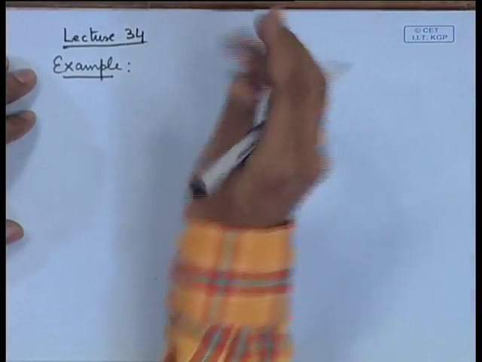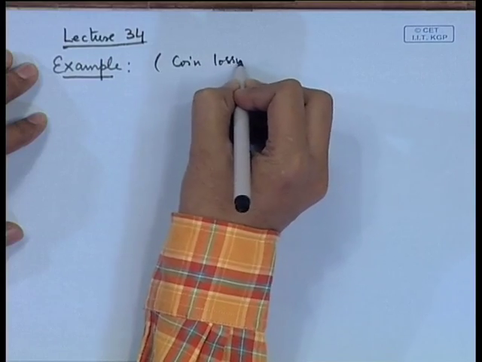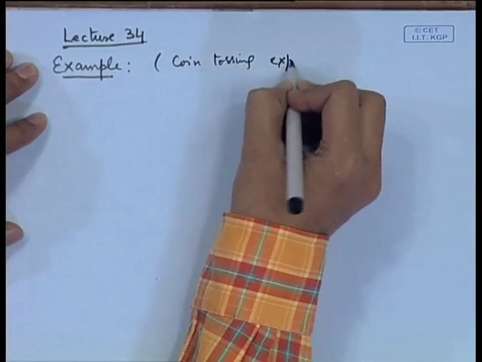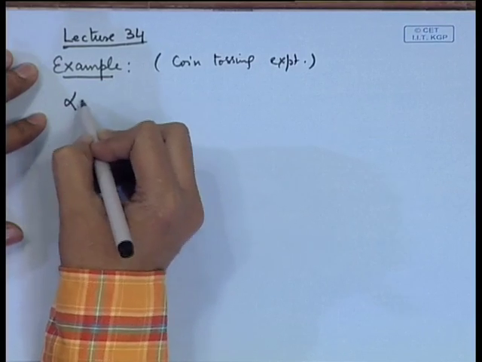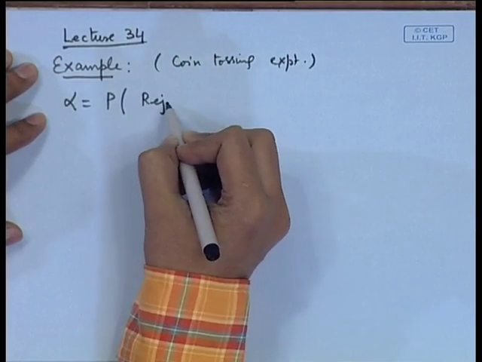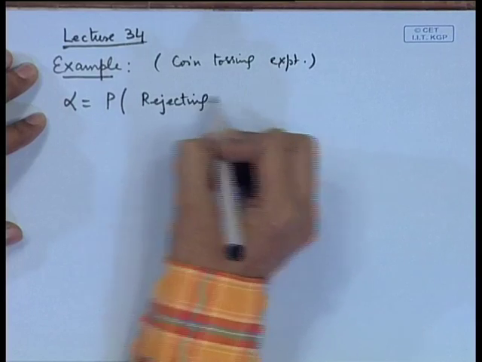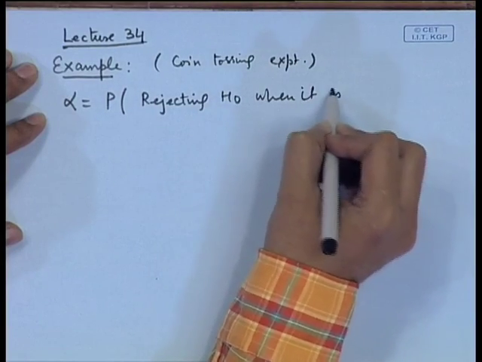So, in the coin tossing experiment, alpha, that is the probability of type 1 error, is the probability of rejecting H naught when it is true.